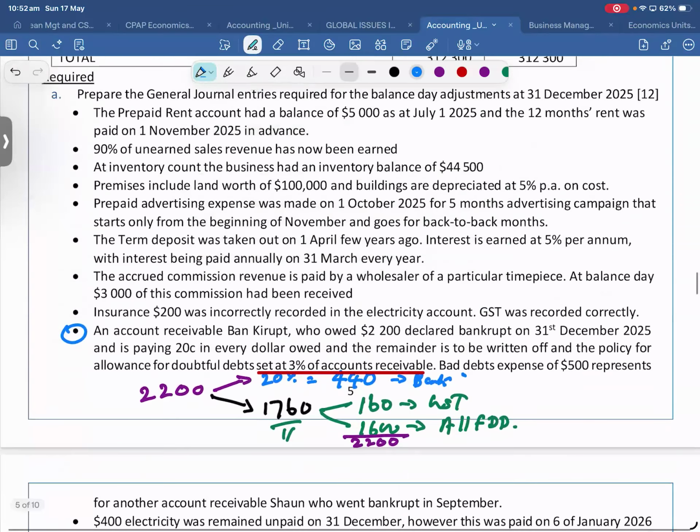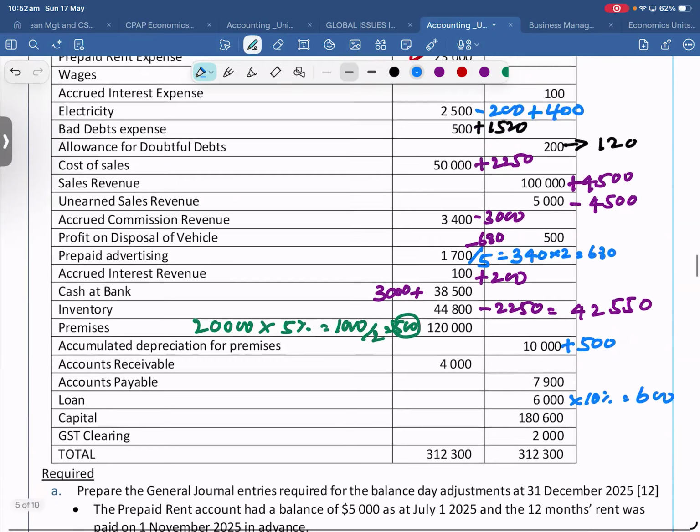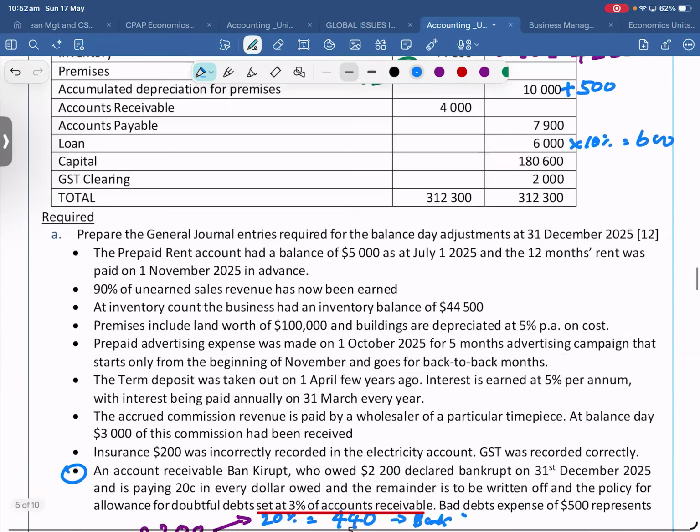Loan is how much? 6,000. So 10% on that is, yes, 600, right? Then how much is the interest expense? Guys, they are saying it is paid every year, 30th April, yes? Yeah, 30th April.